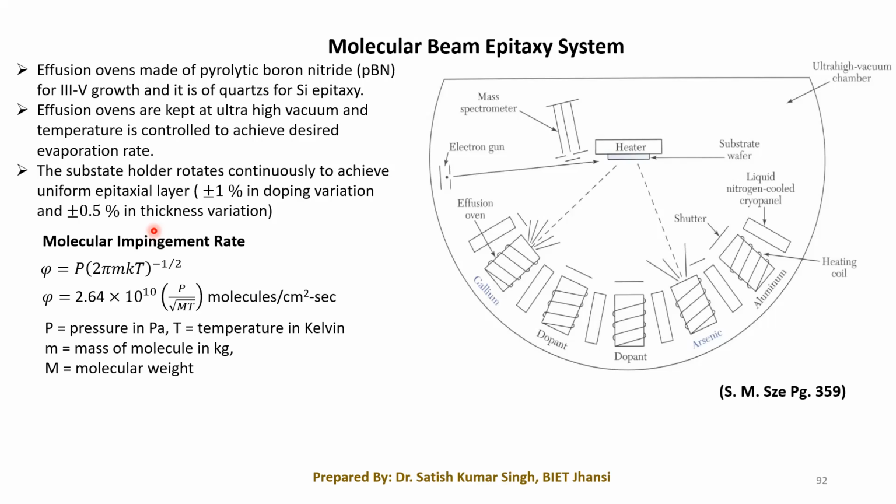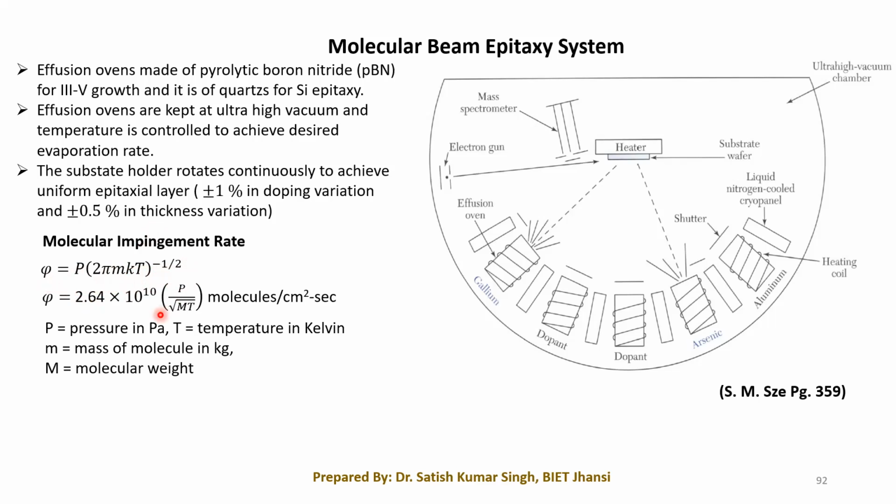So now we can have our equation for the molecular impingement rate. This molecular impingement rate phi is actually given by this equation, which could be derived easily. So phi is equal to p into (2 pi m k T) to the power minus 1/2.